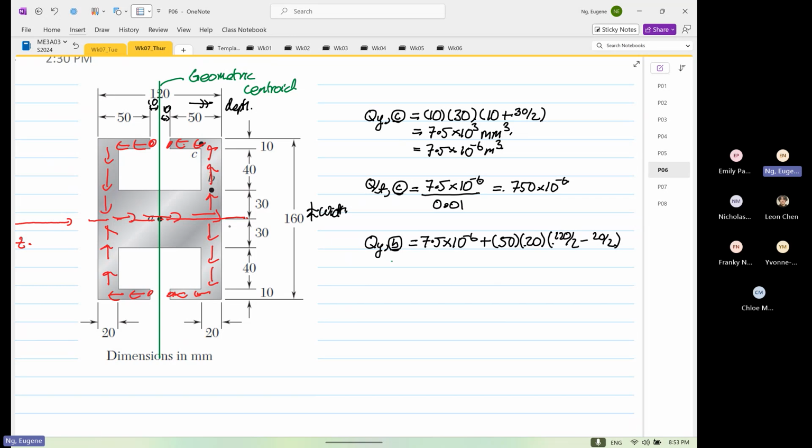So 120 divided by 2 minus 20 divided by 2, times 20, times 50, is equal to 50 times 10 to the power 3 millimeter cube, plus 7.5 times 10 to the power 3.